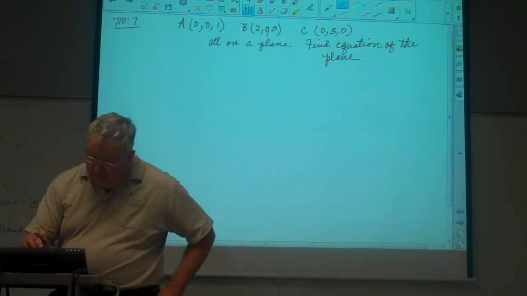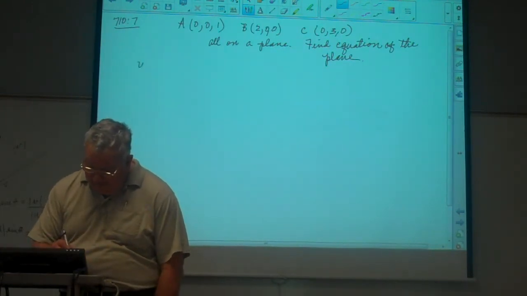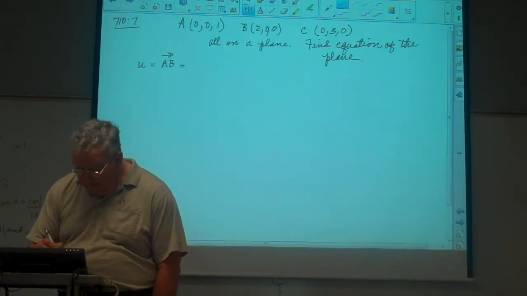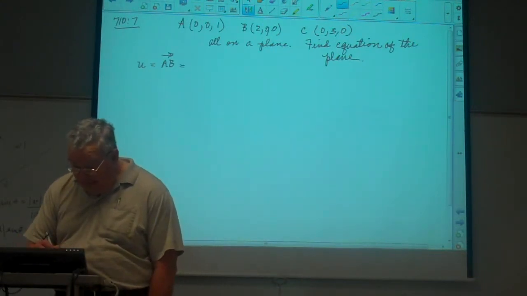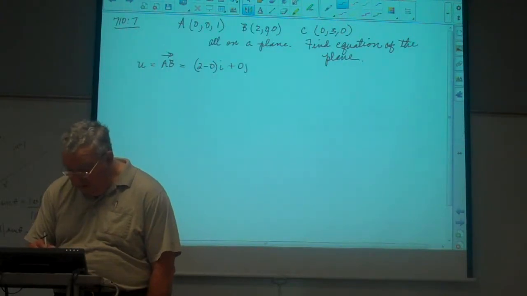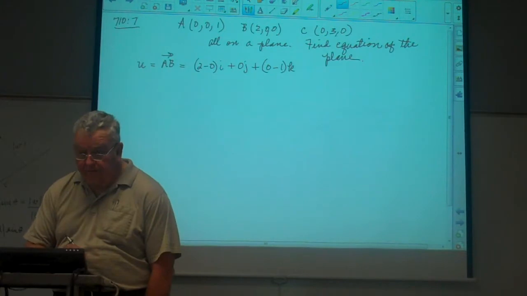I'll let the vector u be equal to the vector AB, which I think is equal to 2 minus 0 i plus 0 j plus 0 minus 1 k. Do you think that?